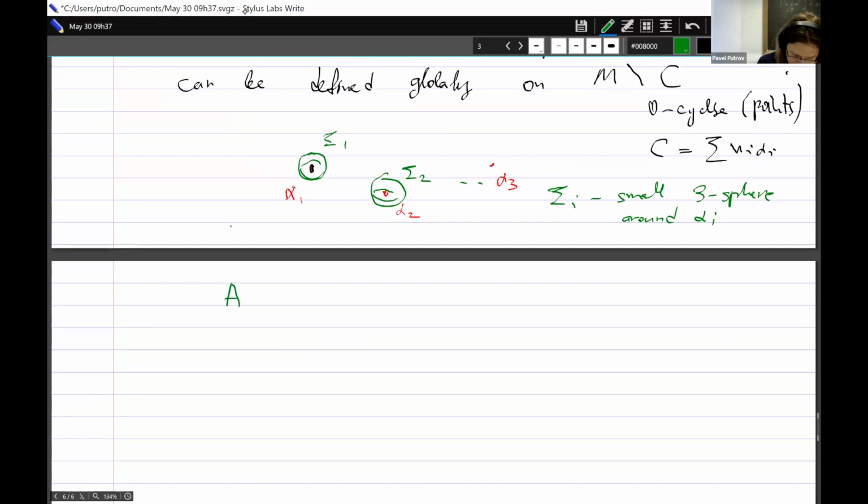And again, in the vicinity of this point, A can be related by a gauge transformation to some other field which is not singular at this point, called A regular.